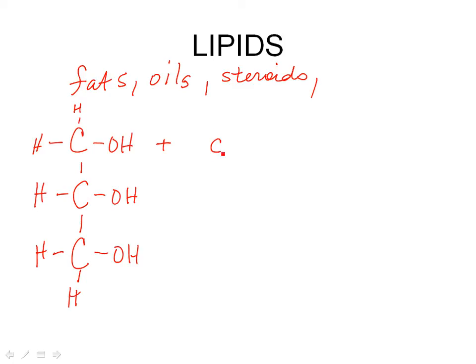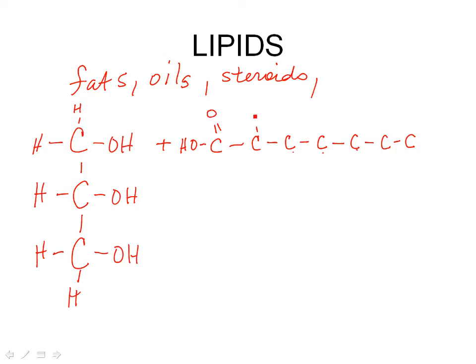Remember, our fatty acids are going to have a carboxyl group at the end of them, which is what's going to make them acidic. And then they're going to have a long hydrocarbon chain. So this represents the long hydrocarbon chain. And normally it's an even number, so that's 1, 2, 3, and this will be 4, 5, and 6.